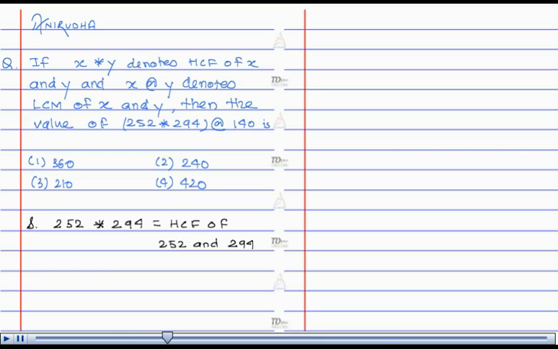We can express 252 in terms of its prime factors as 2 square into 3 square into 7, and similarly 294 can be written into its prime factors as 2 into 3 into 7 square.